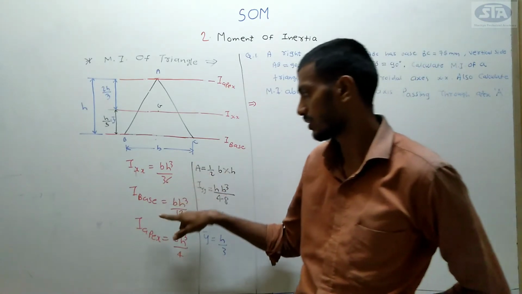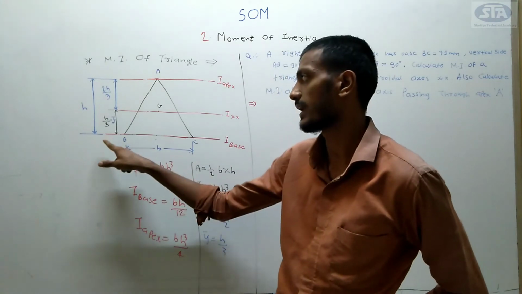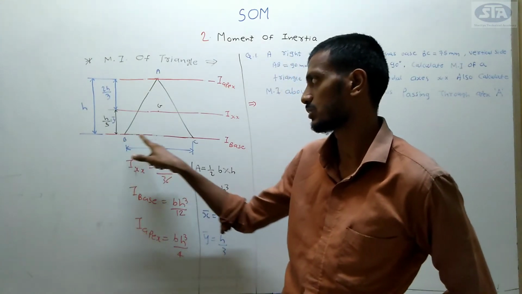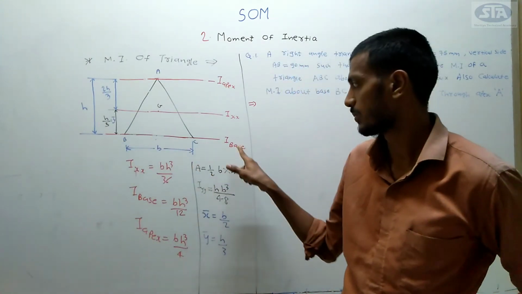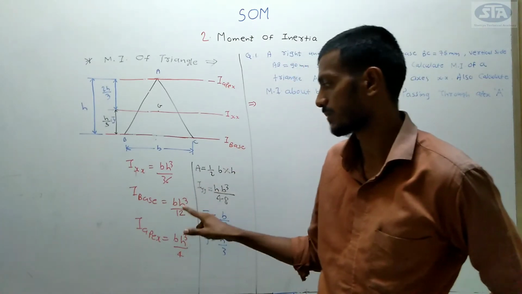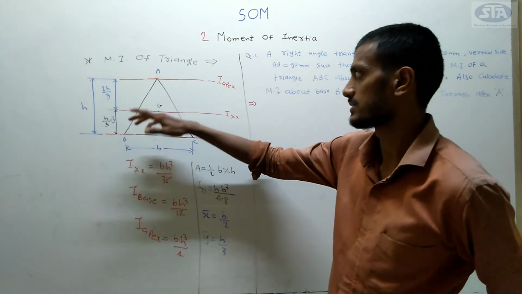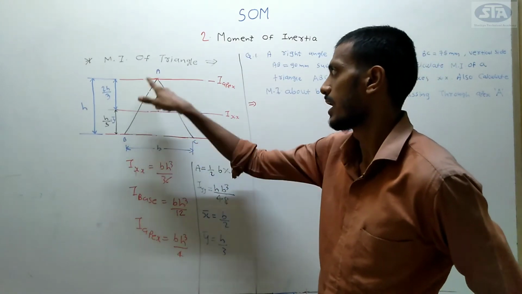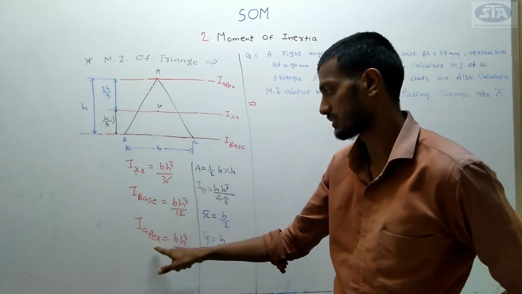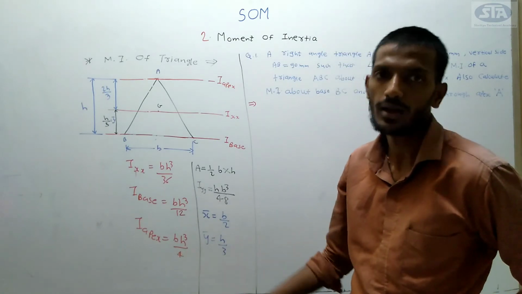Similarly, the moment of inertia about the base, meaning the axis passing through the base, is BH cube divided by 12. Similarly, if any axis passes through the apex, then the moment of inertia for the apex is equal to BH cube divided by 4.